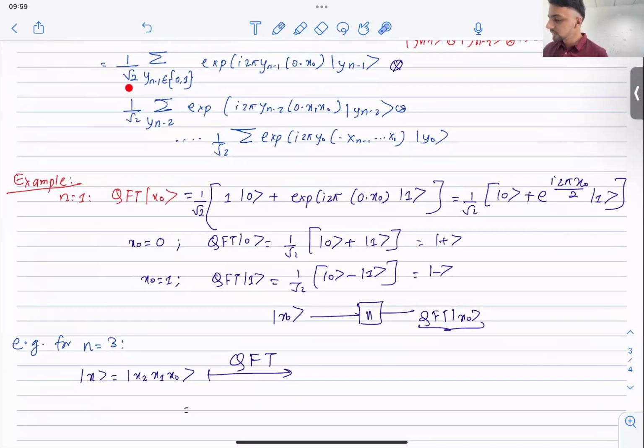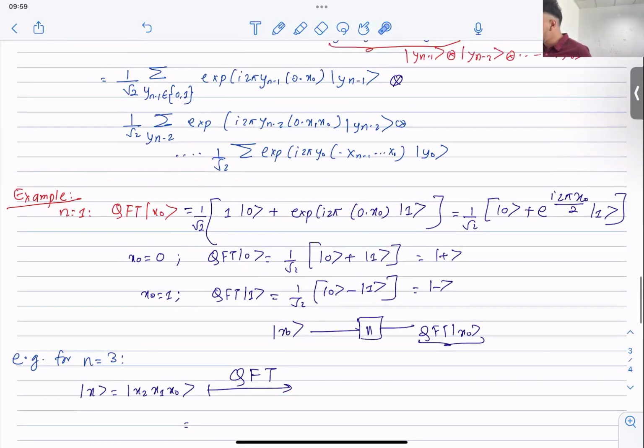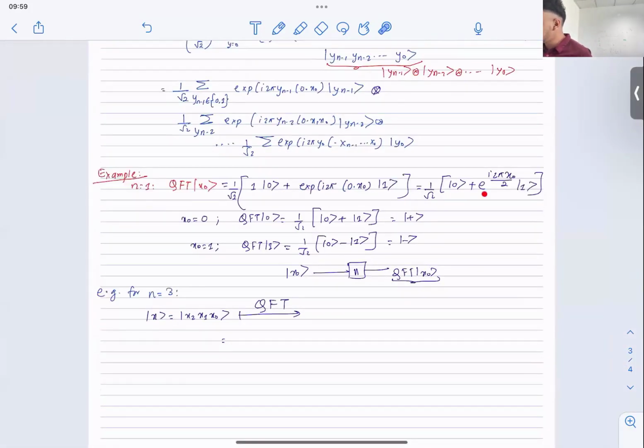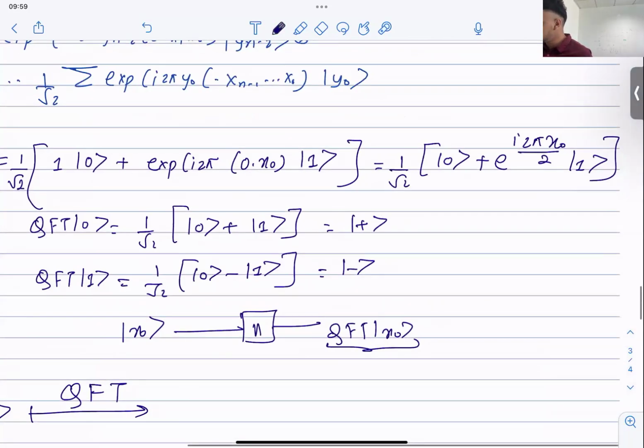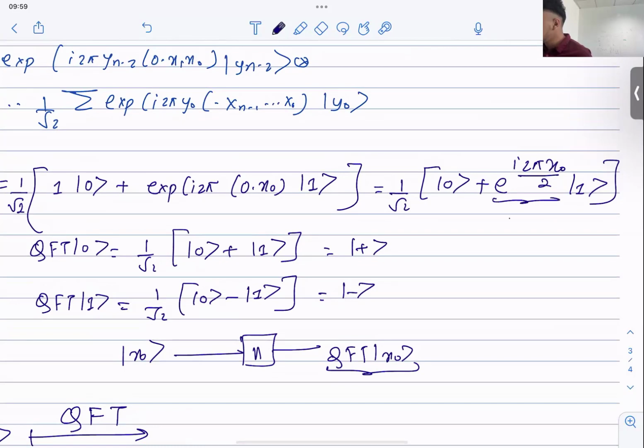So the first term looks like this, the second term looks like this. Oh, yes, question. What happens to the exponential power? If you look at the exponential power, I just simplified it. So this guy is e to the i pi x0, correct?